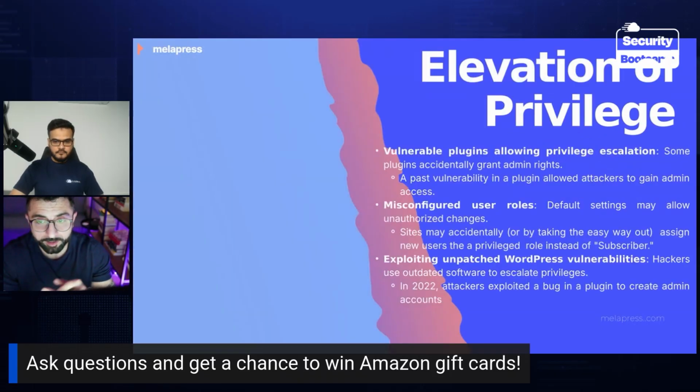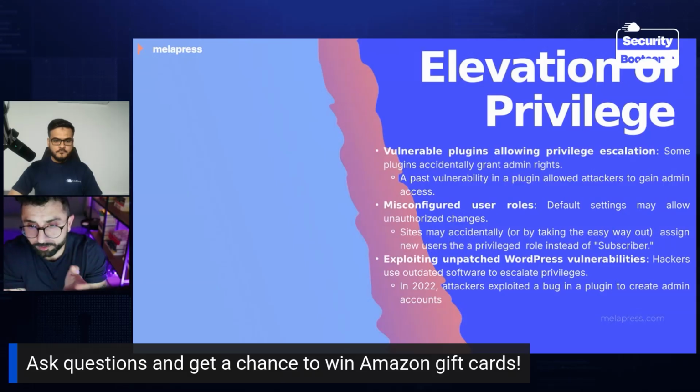So you can have vulnerable plugins that allow privilege escalation. So there was a case in the past where a plugin, sorry, had a vulnerability that allowed attackers to gain admin access. You can also have misconfigured user roles. So you created custom user roles and you mistakenly assigned a role capability that you should not have, or exploiting unpatched WordPress vulnerabilities.